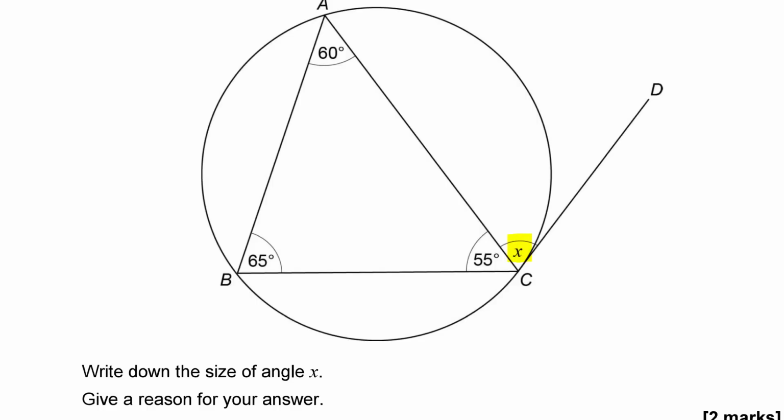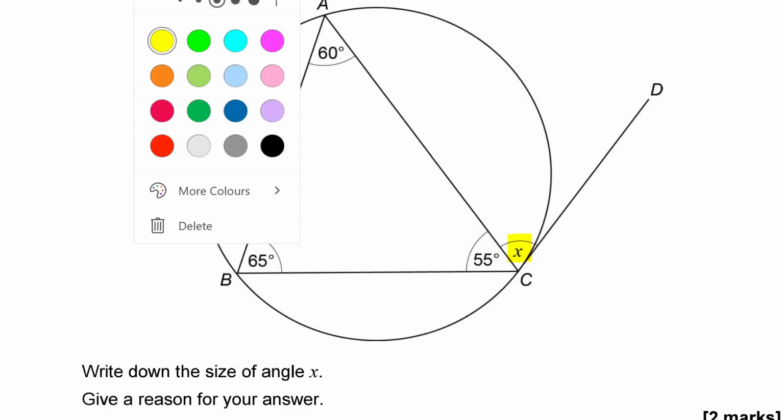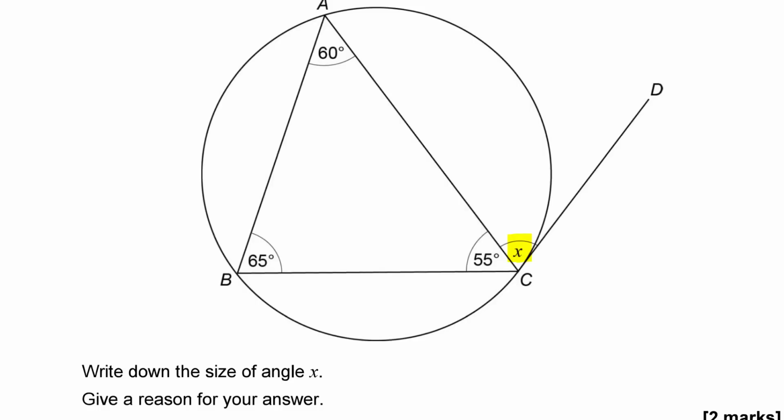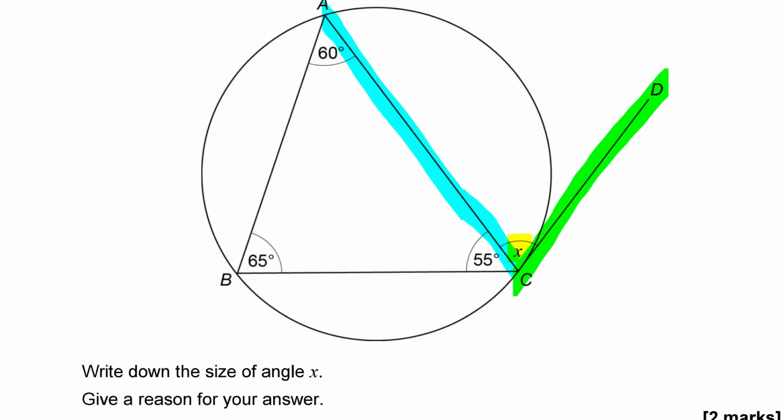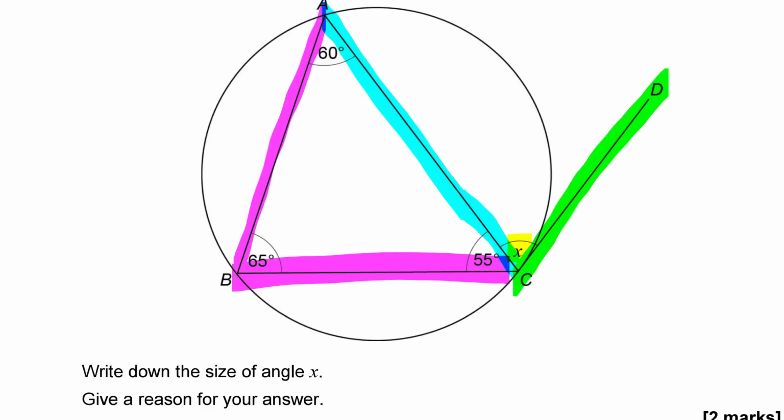Now, because I know my circle theorems, I've easily spotted that because this is a tangent and this is a chord drawn at the point of contact, and this is an angle subtended off that chord in the alternate segment, then I know that that angle there is the same as my angle X.